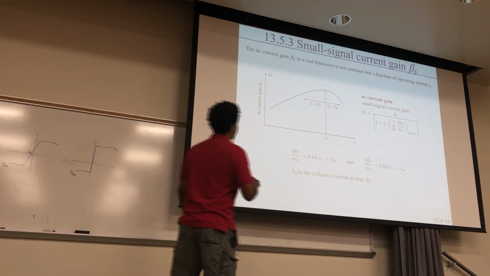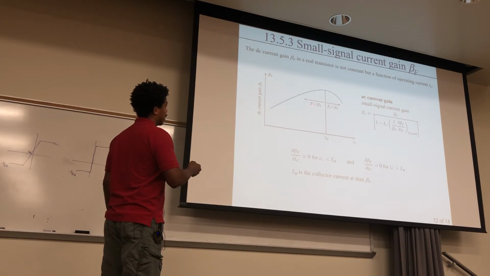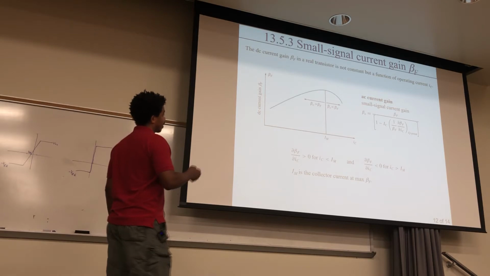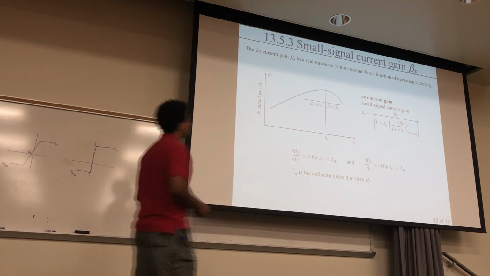If your IC is smaller than IM, that max, then your AC current gain is actually greater than your BF, which is being plotted here. On the other hand, if your IC current is greater than IM, then your AC current gain right here is less than this BF right here.